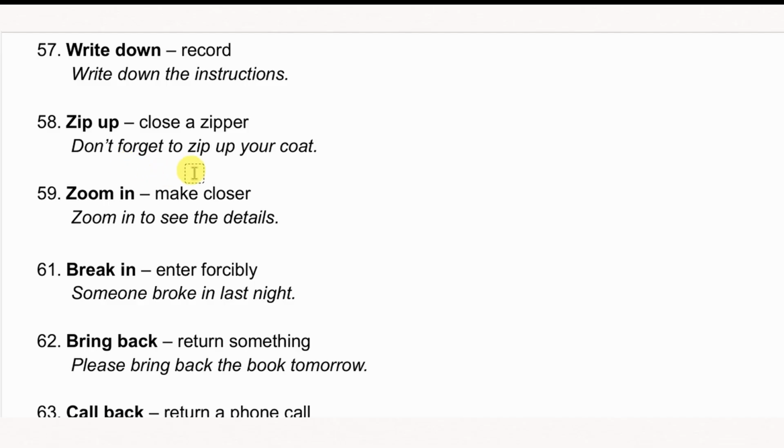So don't forget to zip up your coat. Don't forget to zip up your bag. Don't forget to zip up your trouser, for example. To zip up, this is to close a zip. So the opposite of zip up will be to zip down, which will be to open a zipper. To zip down.